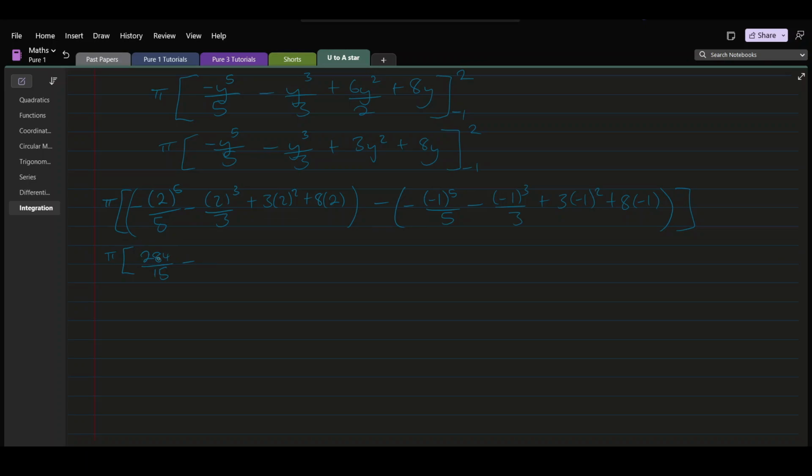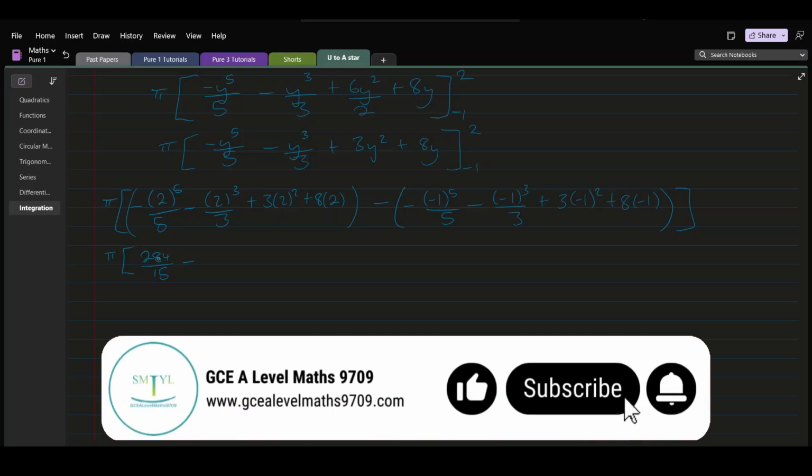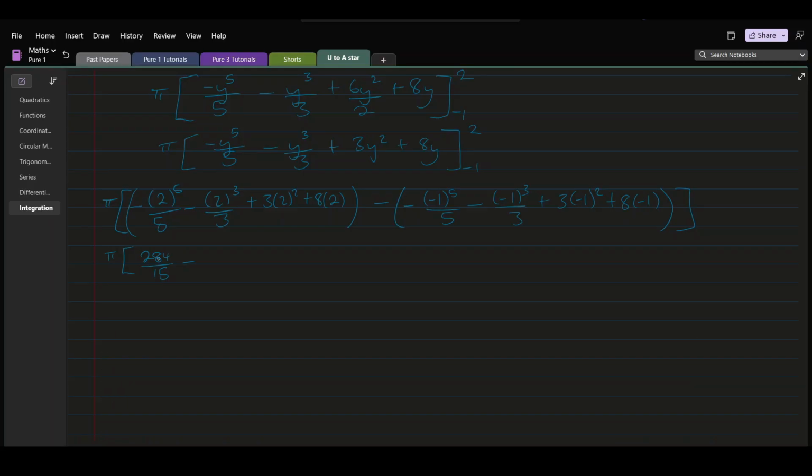So that's negative 1 to the 5 over 5 minus negative 1 to the 3 over 3 plus 3 times negative 1 squared plus 8 times negative 1, and that gives us negative 67 over 15.